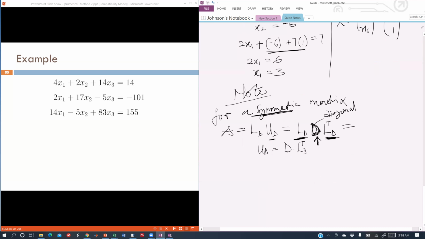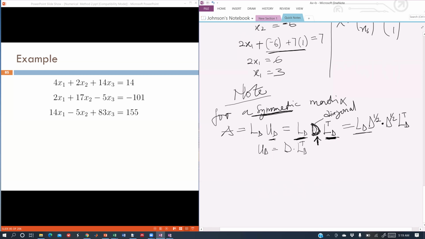So look at this one. We can rewrite this as L D, which is the Doolittle. This time, let us find the D exponent half out of the D and get D exponent half for the upper part, and we have this.